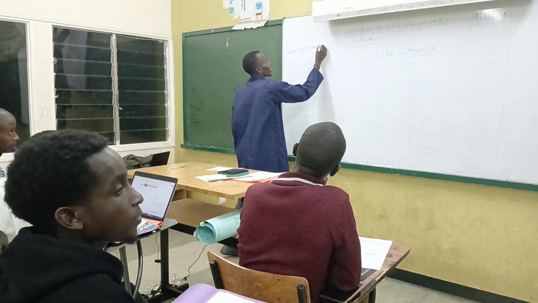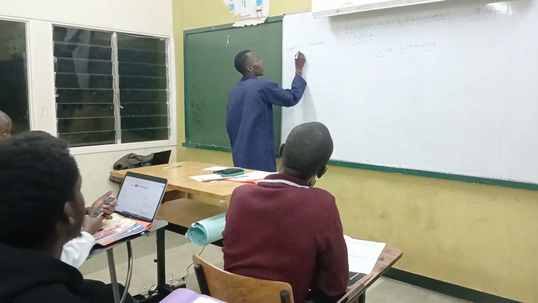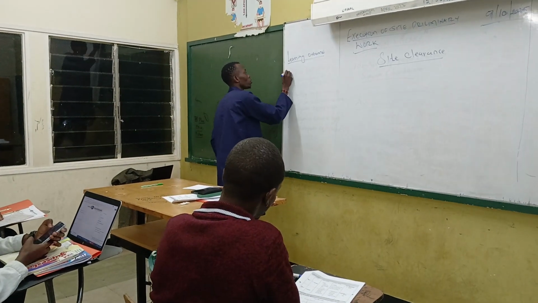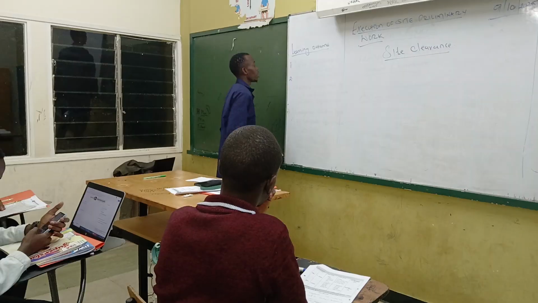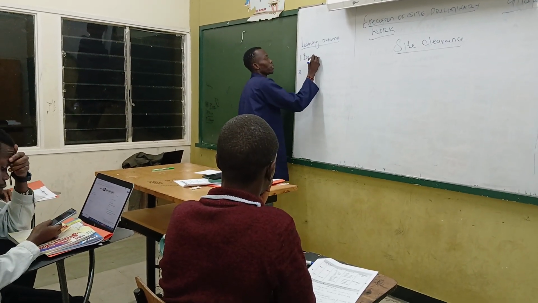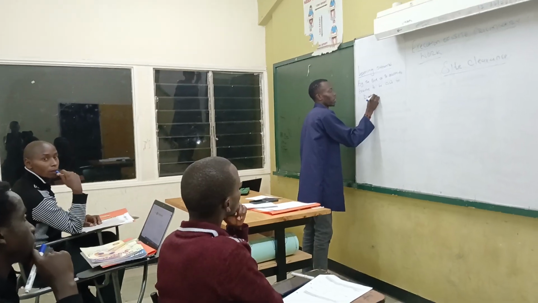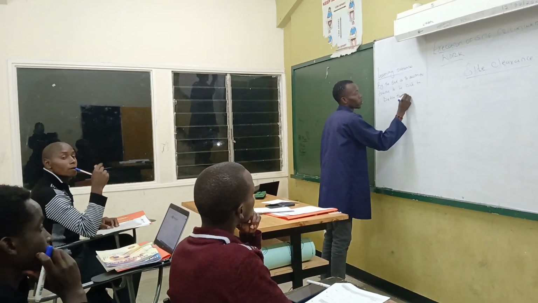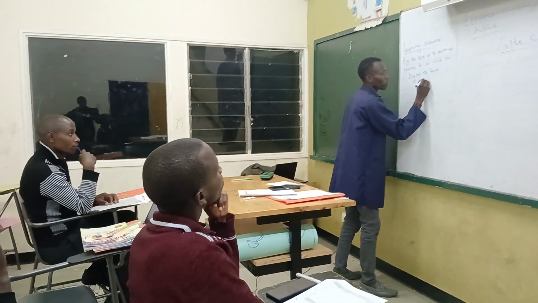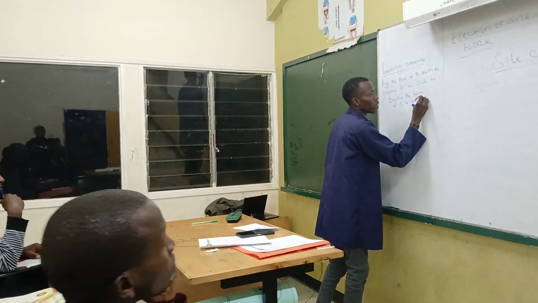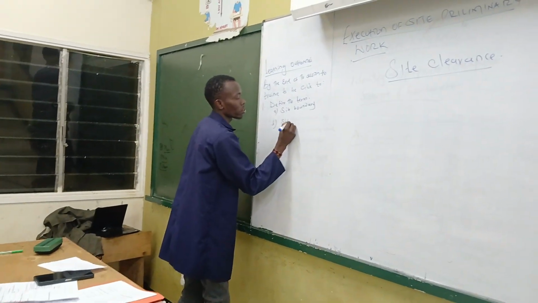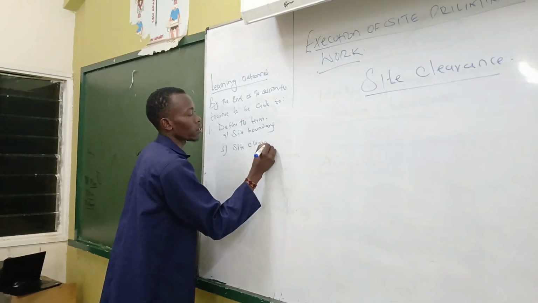These are the learning outcomes; at the end of the lesson we should be able to do them. Today we have two learning outcomes. First, we must define the terms: site boundary and site clearance.